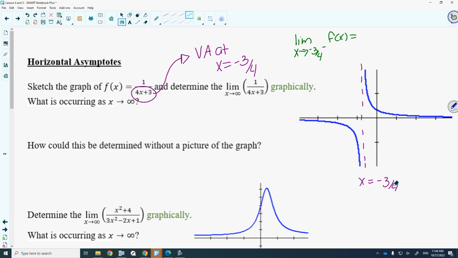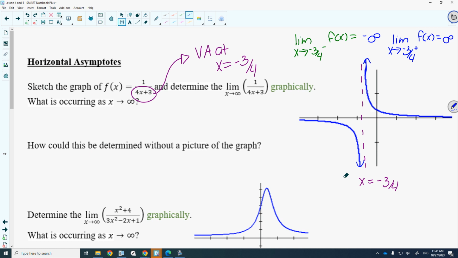What's the answer going to be as we approach it from the left? Negative infinity. Then you would have calculated the limit as x approaches negative 3 over 4 from the right of f of x, and you would have gotten positive infinity for this one.